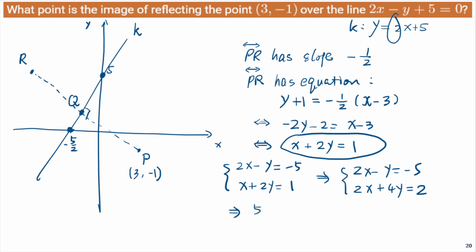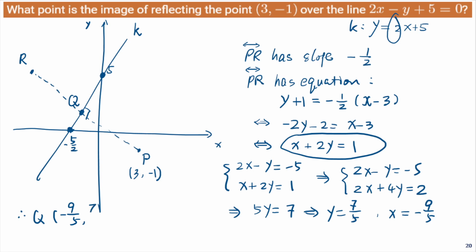Then we have 5y equals 7, which means y equals 7/5, and then x equals -9/5, right?